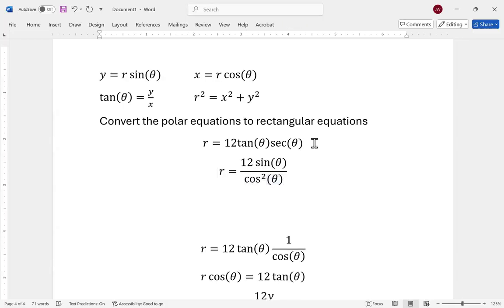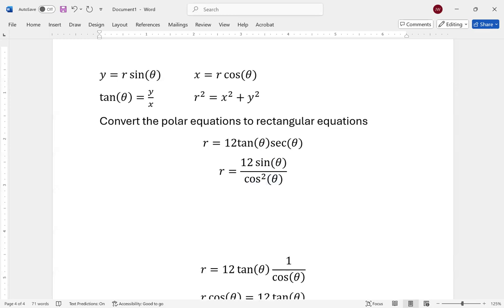And then maybe multiplied both sides by cosine squared, you would have ended up with r times cosine squared of theta is equal to 12 multiplied times sine of theta.